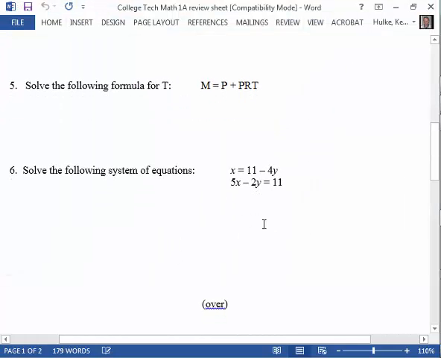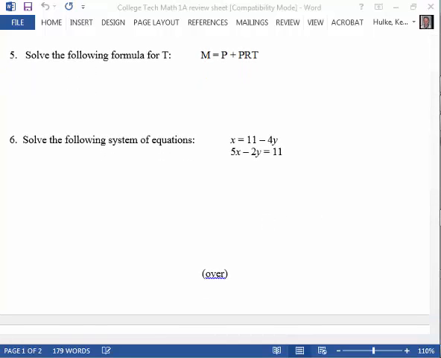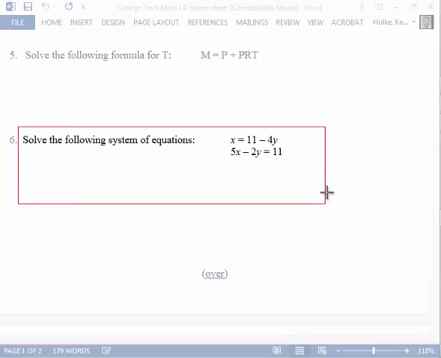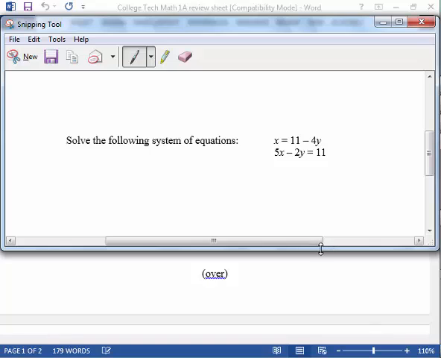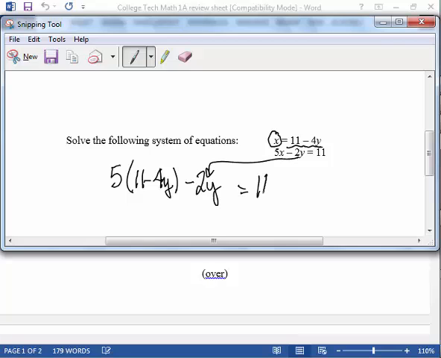Solve the following system of equations. I think in this case the easiest way to solve this system is to substitute. Since we know what x is, let's just write that into the second equation. And so we have 5 times 11 minus 4y minus 2y equals 11.